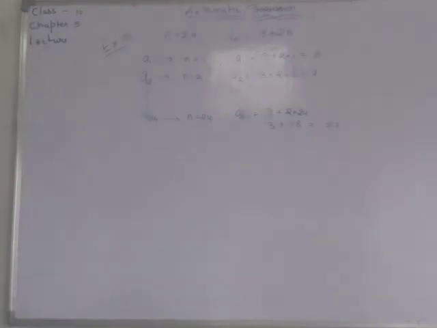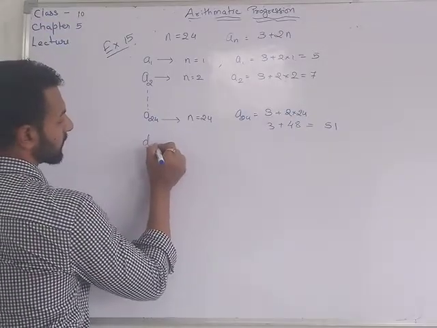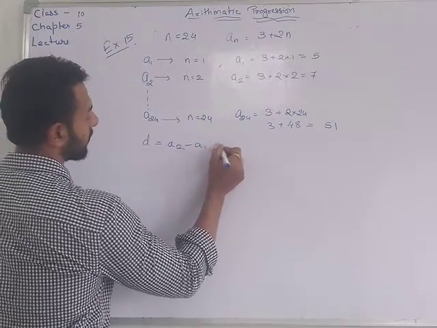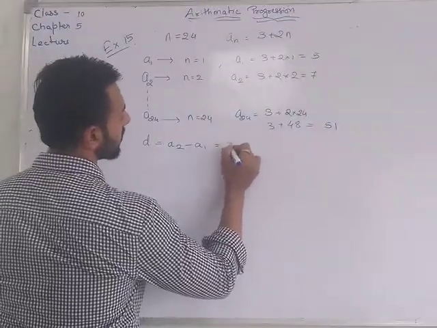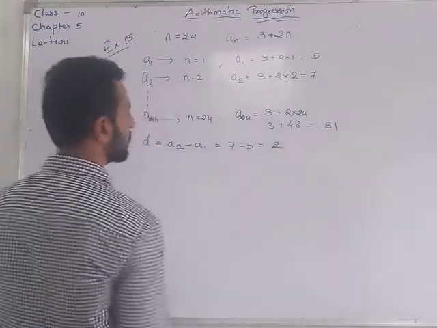So a24 is 51. Now let us find out the common difference. D is equal to a2 minus a1, which is 7 minus 5, which is 2.